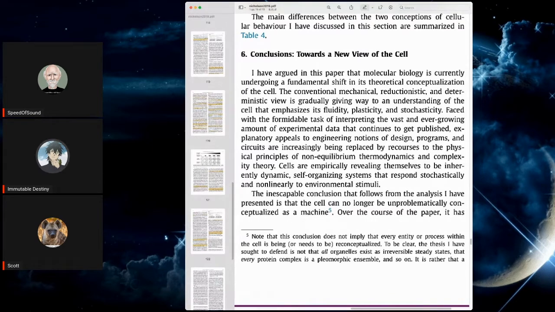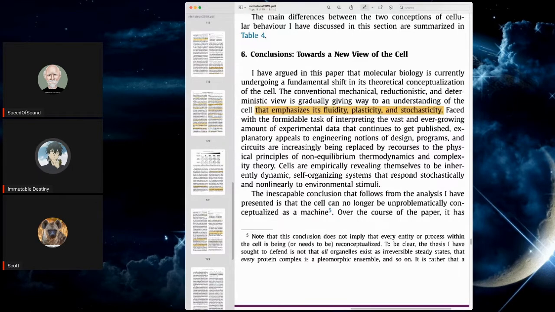Conclusions towards a new view of the cell. I have argued in this paper that molecular biology is currently undergoing a fundamental shift in its theoretical conceptualization of the cell. The conventional, mechanical, reductionistic, and deterministic view is gradually giving way to an understanding of the cell that emphasizes its fluidity, plasticity, and stochasticity.